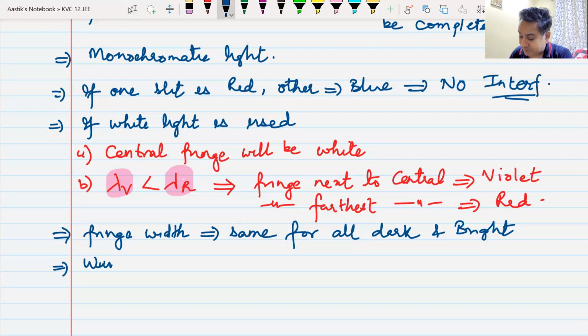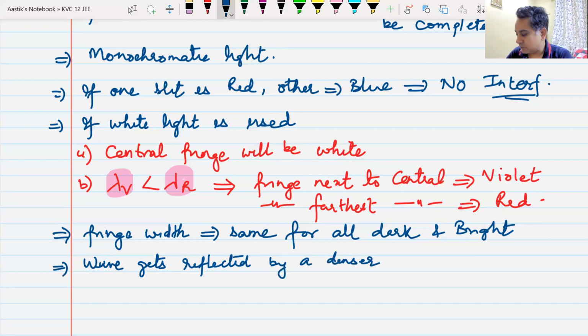So you can write this. When a wave gets reflected by a denser medium, we will do these things in your wave chapter, don't worry, right now just note it.